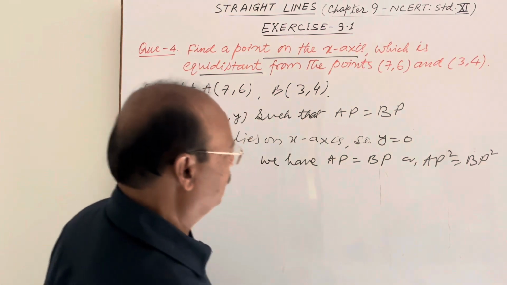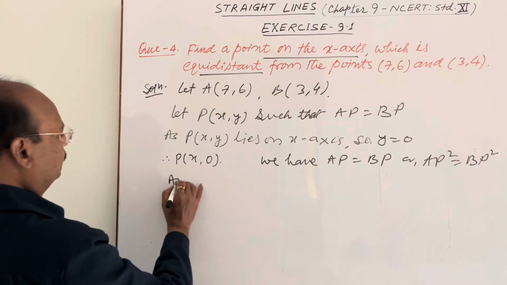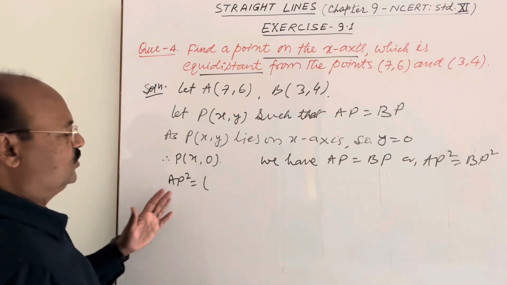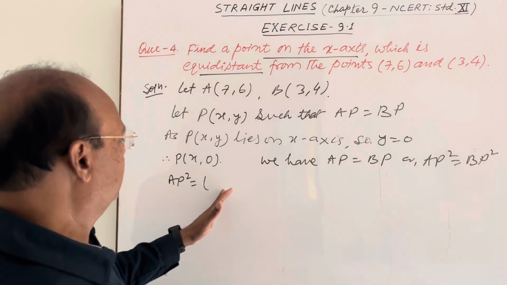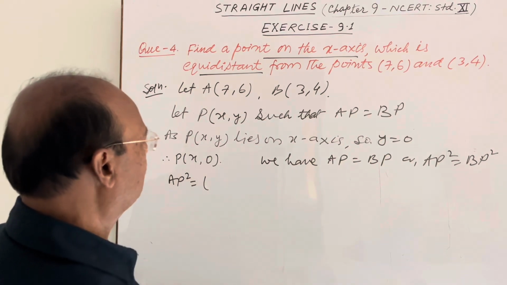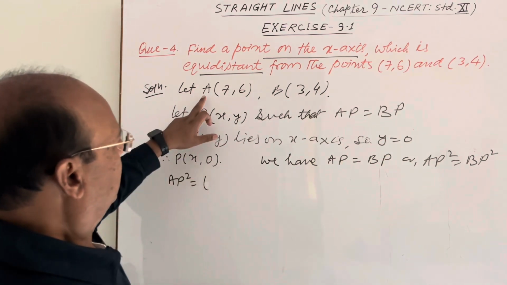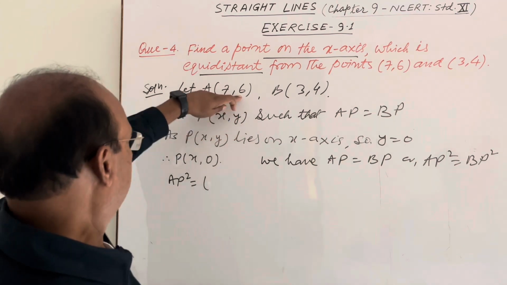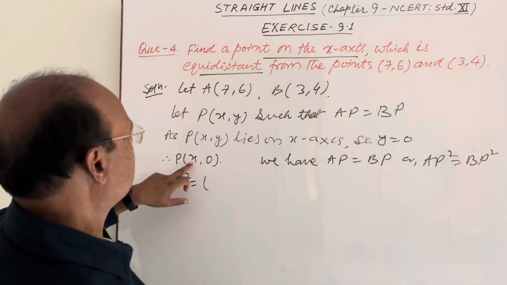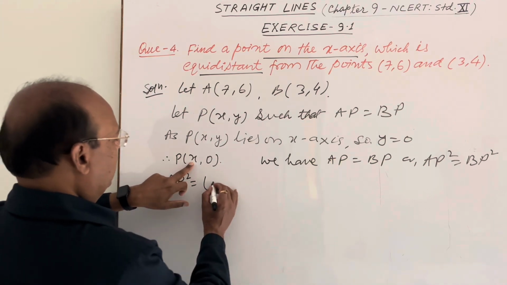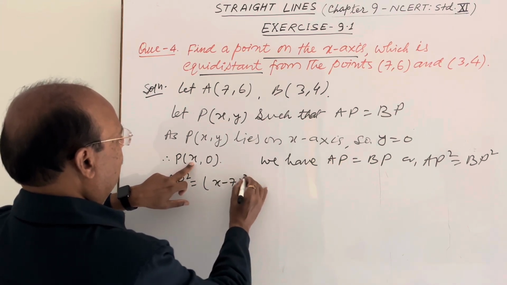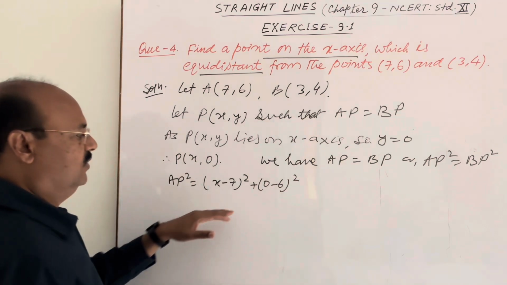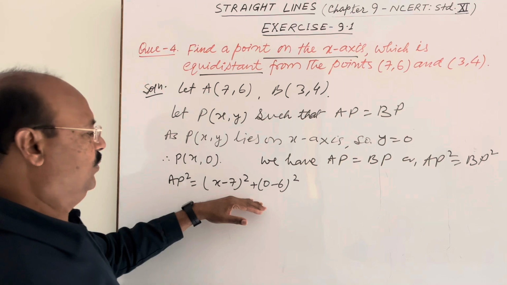So AP square will be how much? We'll use the formula x2 minus x1 whole square plus y2 minus y1 whole square. Coordinates of A are 7 and 6 and coordinates of P are x and 0. So we can write x minus 7 whole square plus 0 minus 6 whole square. This will give us the value of AP square.